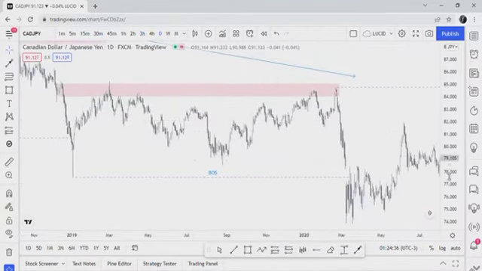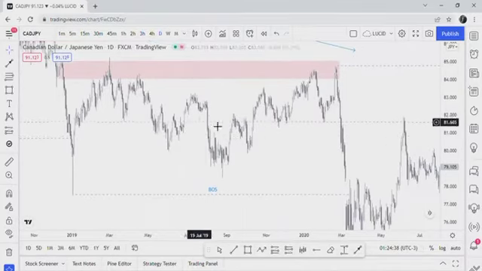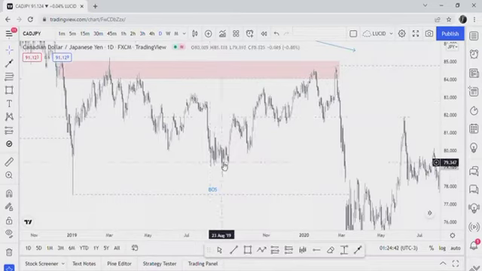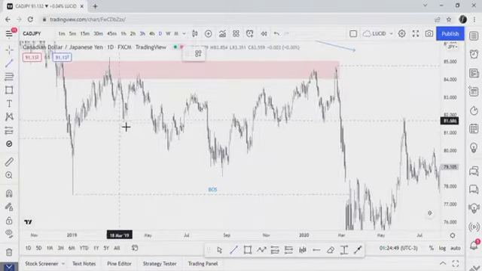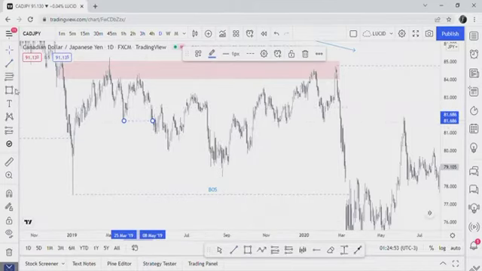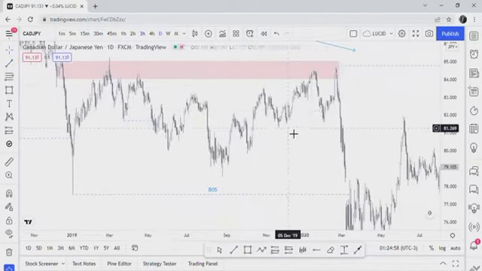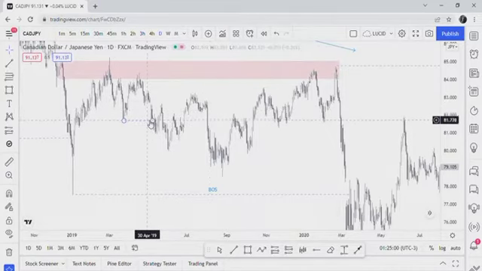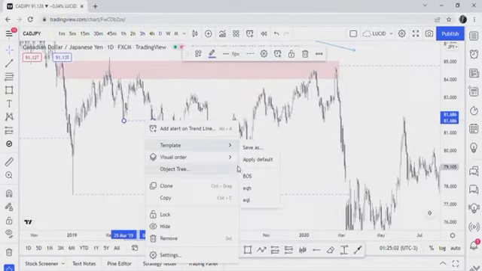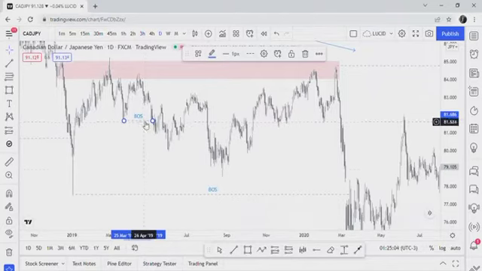So let's take a look at this downtrend, printing lower highs, lower lows, lower highs, lower lows. Then we had a shift in price. Take a look at this.